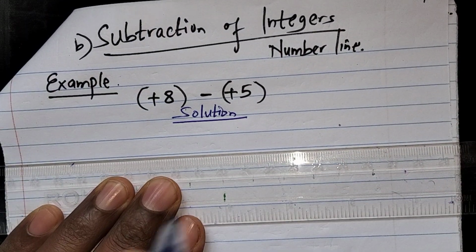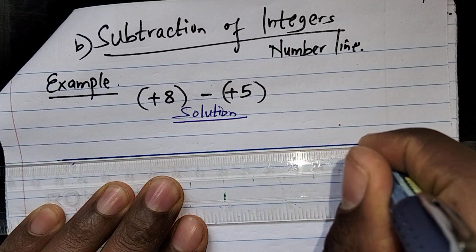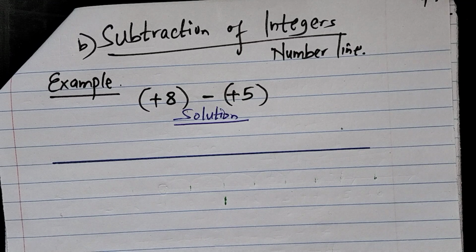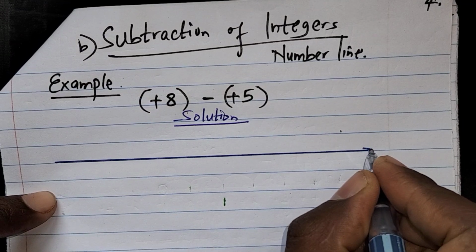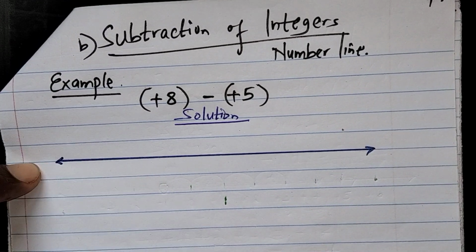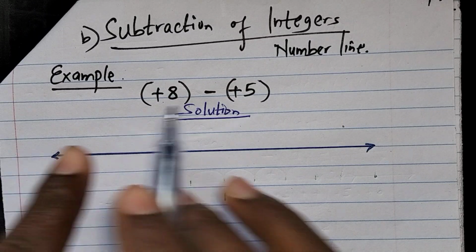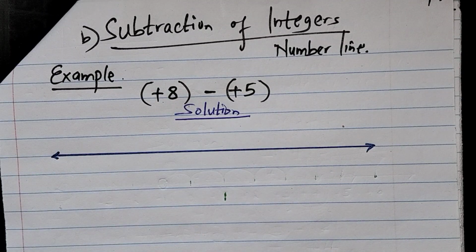You can use a different ink. Consider the numbers that you have in your question. For example, we have positive 8. So I suspect we are dealing with positive integers, but we are subtracting those two positive integers.